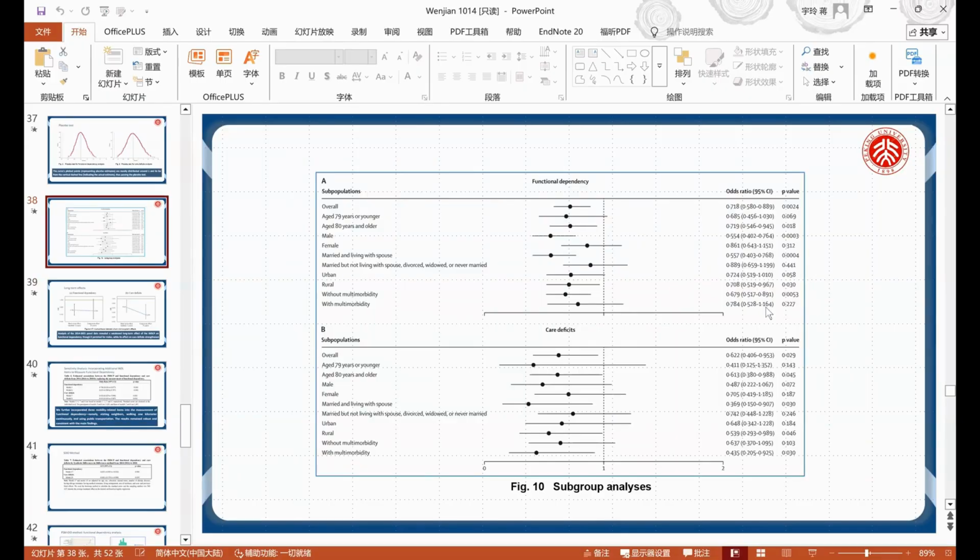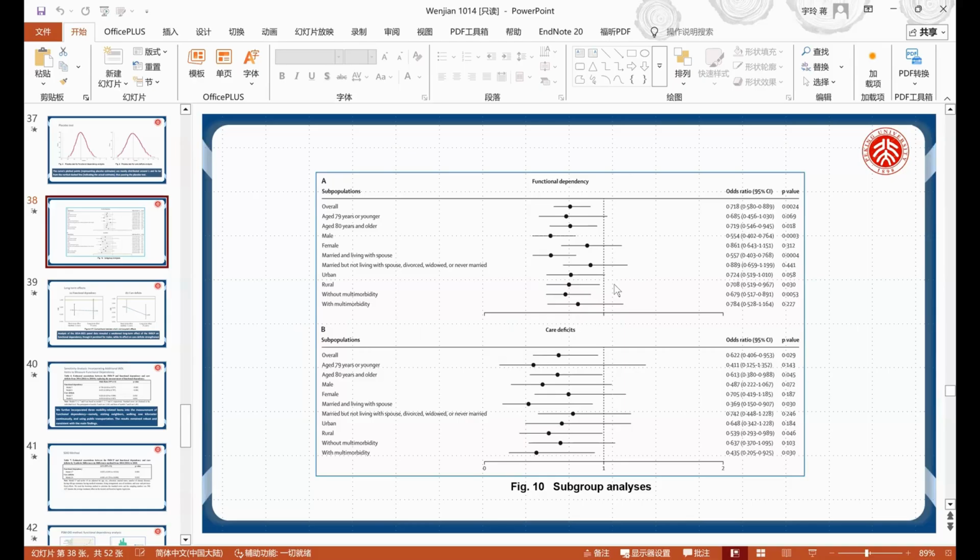From this figure, we can see in panel A, the effect in urban areas is not significant, but in rural areas, its effect is significant.